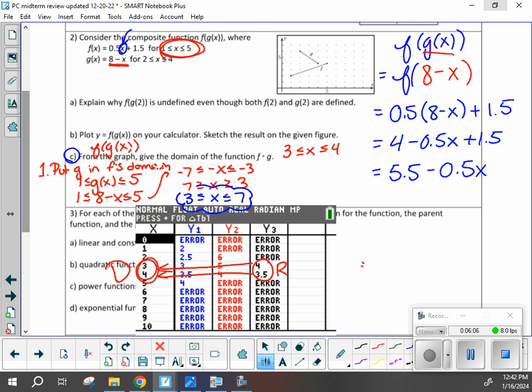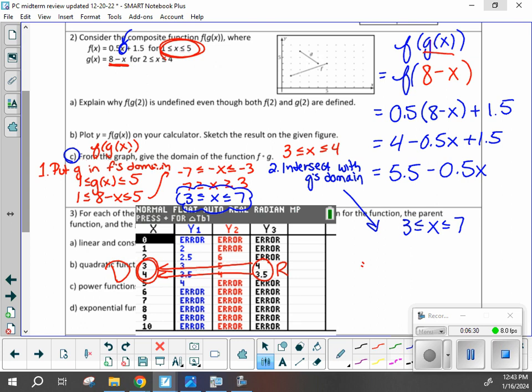Now, this is not the final answer, because what we have not done yet is consider g's domain. So step one, I thought about f's domain. Step two, now we need to intersect this one I just circled here with g's domain. Down here, so I have some room. I'm going to take 3 to 7.